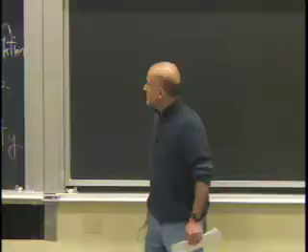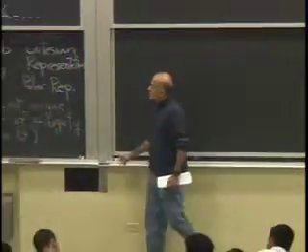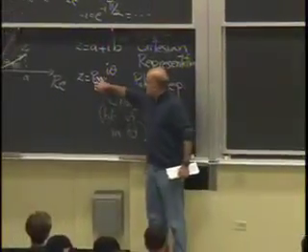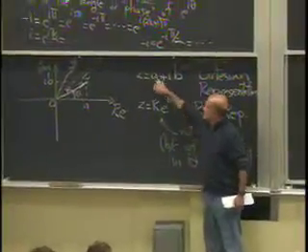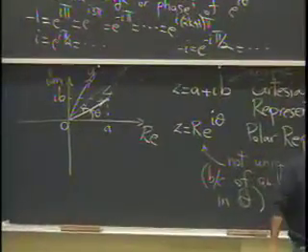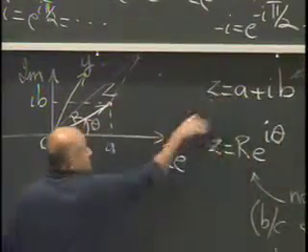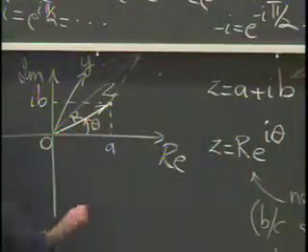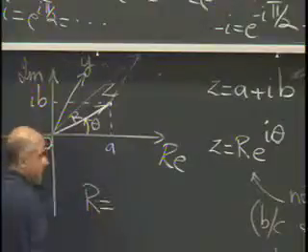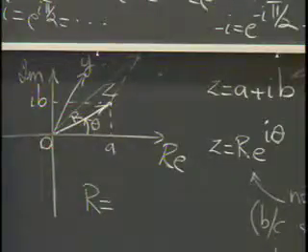Now, can you tell me what the relationship is between r, theta, a, and b? Can you figure out the radius from the Cartesian coordinates? This is now high school stuff, because it's all about Euclidean vectors. You don't have to know anything about complex numbers to do this.